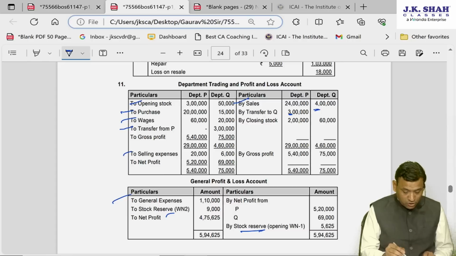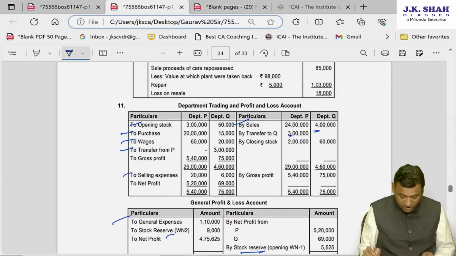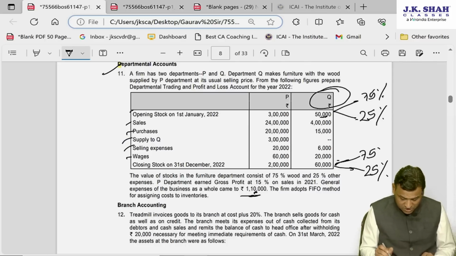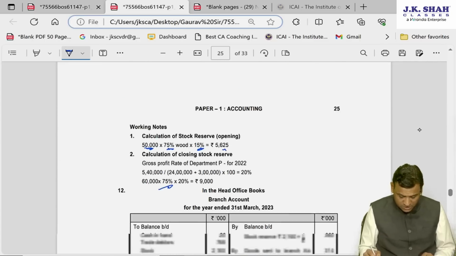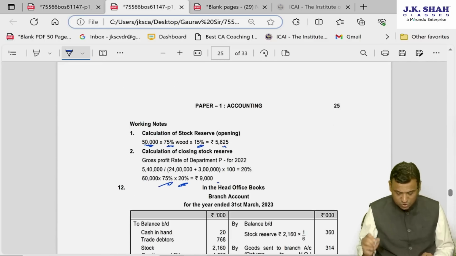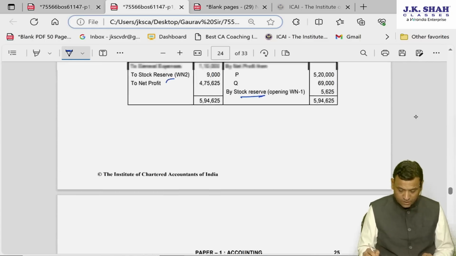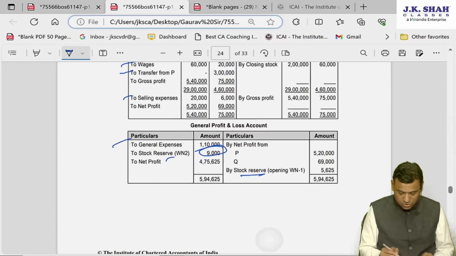So on closing stock, I will not take 15% because 15% was the margin in the previous year, in 21. So now we will be having a margin of 20%, which is 9,000. Done. So closing stock reserve 9,000.